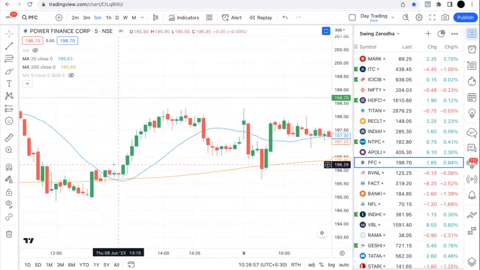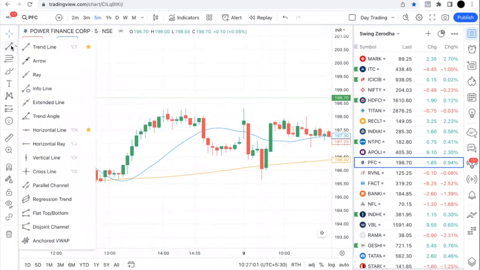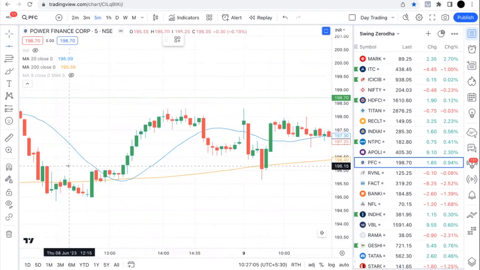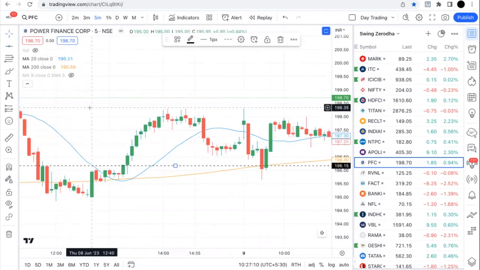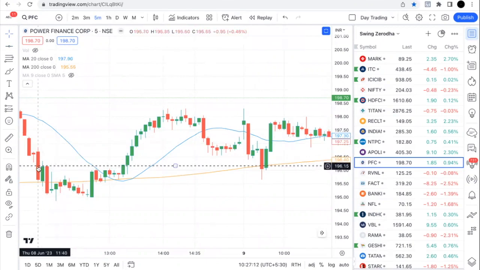See this resistance right here, and let me draw a line so you can see that clearly. Here's a line. I'm going to take a horizontal line and put it right above this candle. You see that dashed line? So see the resistance right there?